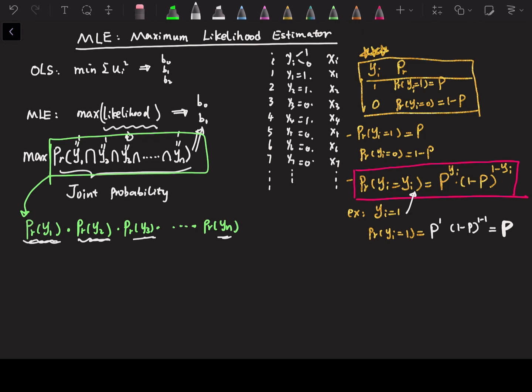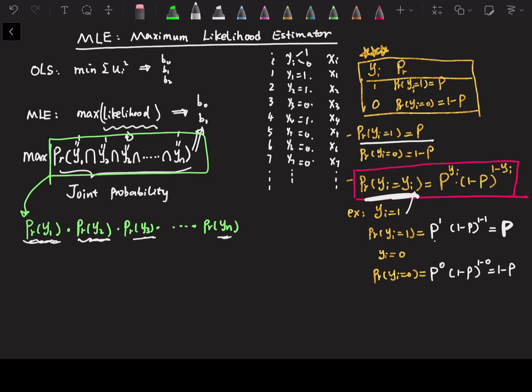And you see the probability y is 1 equals p is here. And for example, y equals 0: the probability that y equals 0 equals p to the power of 0, times 1 minus p to the power of 1 minus 0, which is 1. So that equals 1 minus p. You see, that's the probability that y equals any value. And here we know that y is binary, so it could be either 1 or 0.